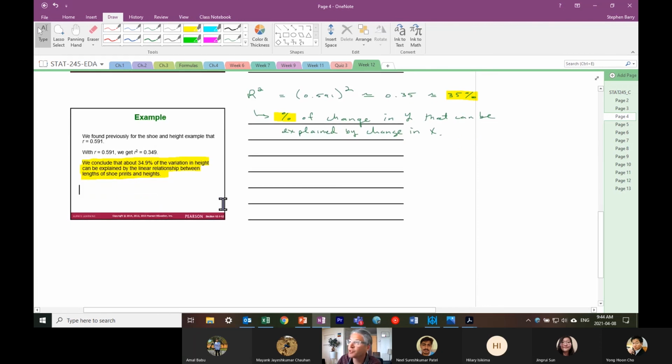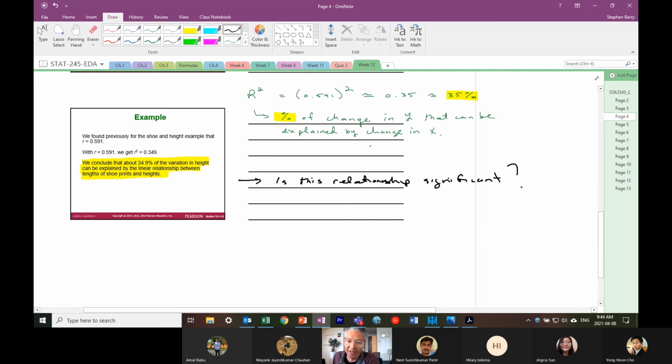And so what you're going to do is a hypothesis test, right? So is this relationship significant? It doesn't look so. It looks weak. It's just a 35% correlation coefficient. So how do you actually figure this out? Well, you're going to say in this case the null hypothesis in all of correlation is that there is no relationship.